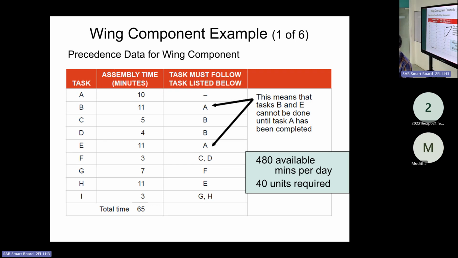For that, there are different approaches, but simple precedence diagrams may have these two symbols. One is a node, a circle. Activity A within a node shows that this is a task.